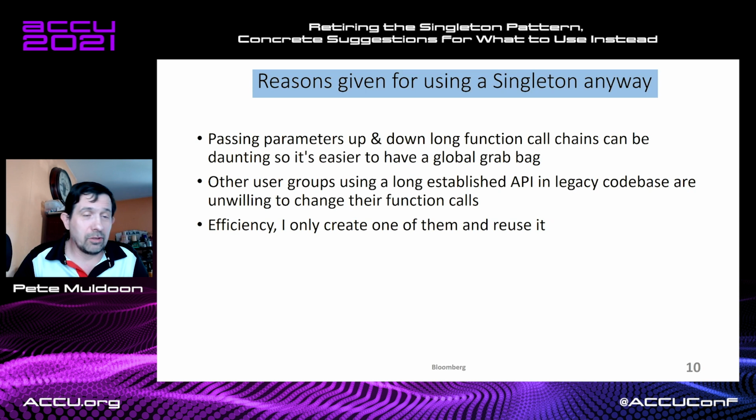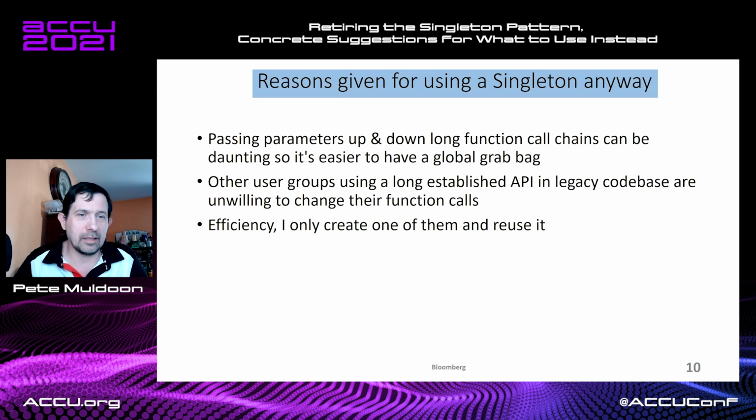Given this long laundry list of why we shouldn't use a singleton, why do people use it? Why is it so prevalent? Well, if you're in some large legacy code base and you're down at the bottom of a function and you need to grab something, I don't know, a cache, write something to a cache or send it out on a broadcast, passing this extra parameter down a 20-deep call chain is somewhat daunting.